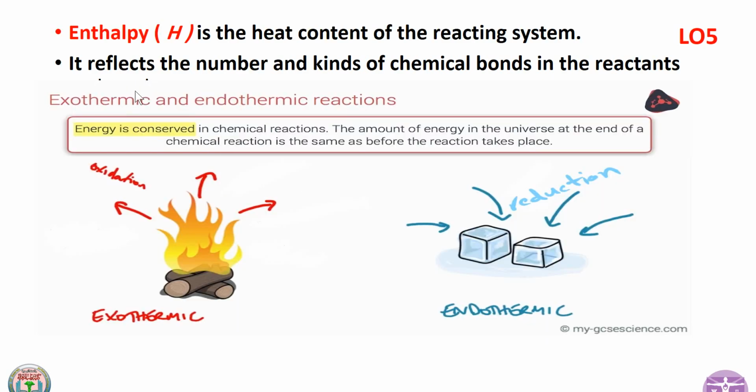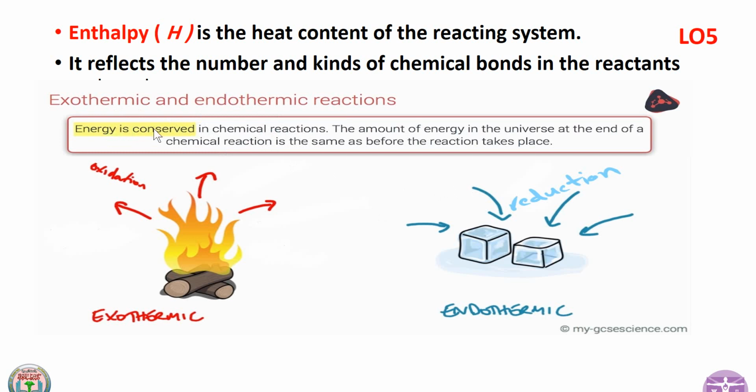The other concept is enthalpy. Enthalpy is the heat content of the reaction. It reflects the number and the kind of chemical bonds in the reactant. It is either exothermic when there is a release of energy, or endothermic when the reaction consumes energy.